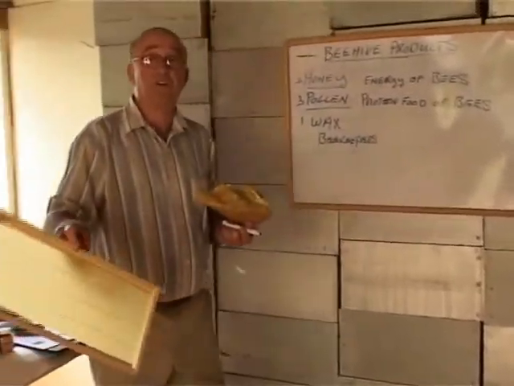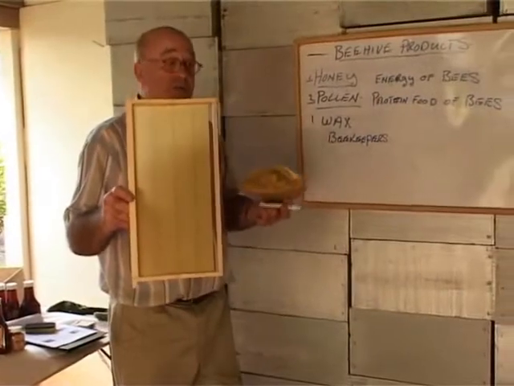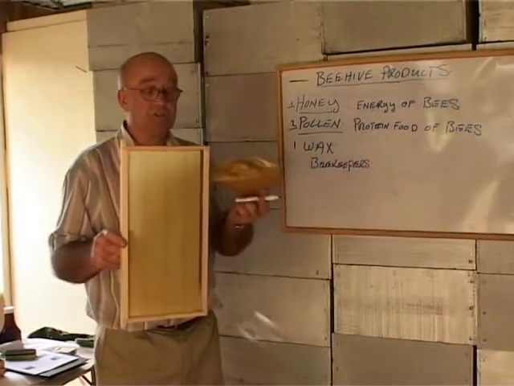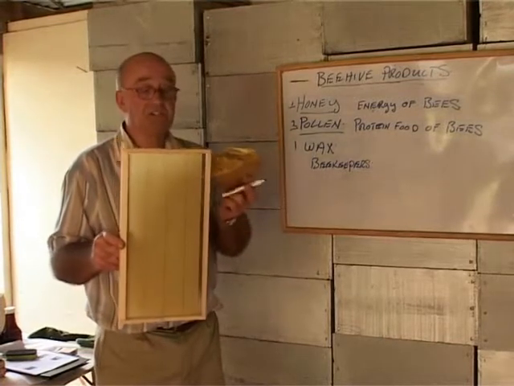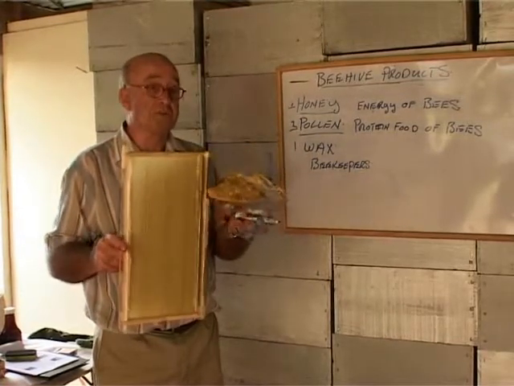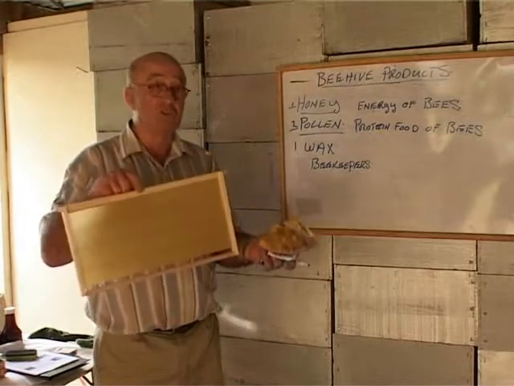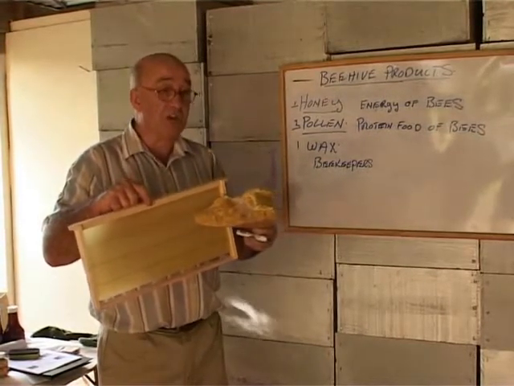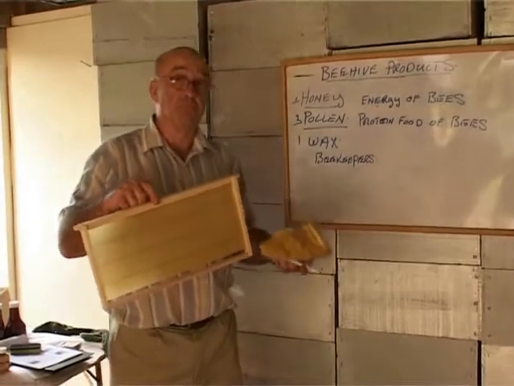The wax foundation that we looked at earlier is created by melting and milling this in a machine to turn into these sheets of wax. These sheets of wax are used by all beekeepers as the foundation for new combs in their hives. So this is natural beeswax which the bees can now build on and make a honeycomb.